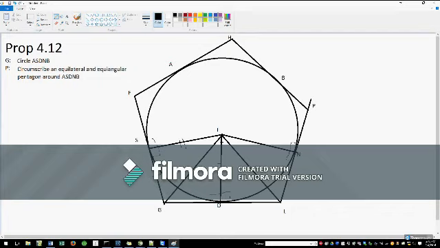Therefore the angle SGT is equal to the angle TGD, and the angle STG is equal to the angle GTD.